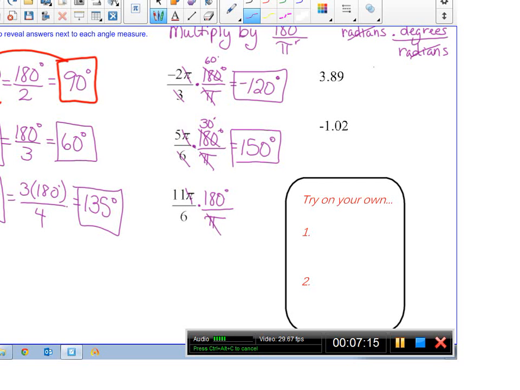The pi values cancel. 6 goes into 180 30 times, and I believe we have 330 degrees there. Okay. Now, because each of those contained pi, I could have also just substituted in that 180. 5 times 180 over 6, and of course the math would be very similar. 6 goes into 180 30 times.